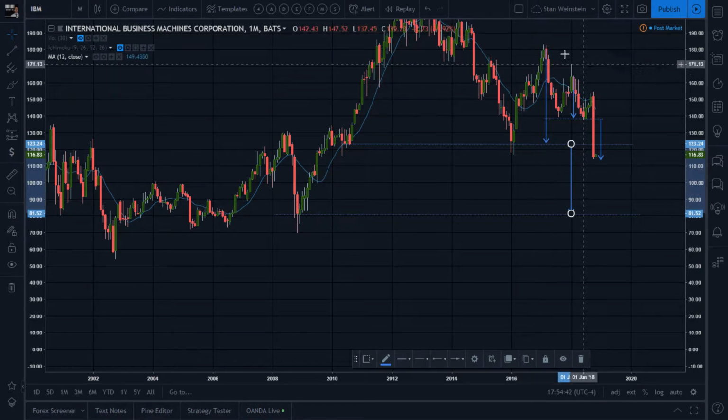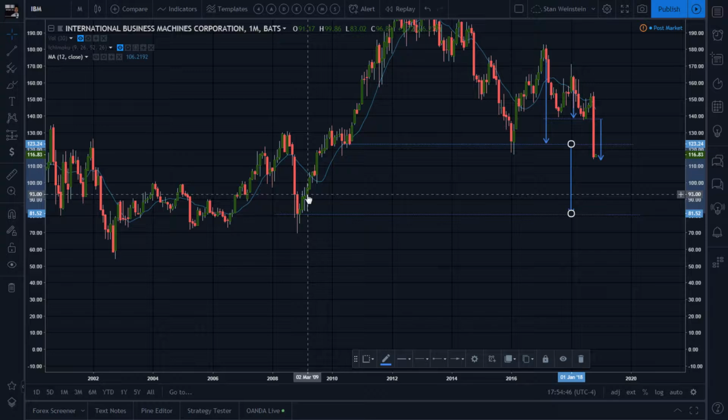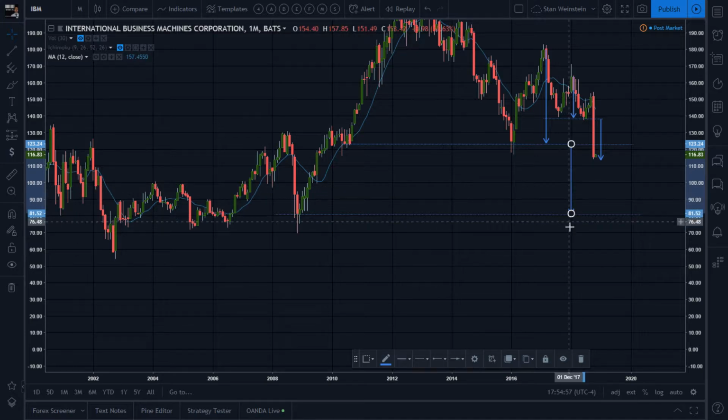I like when I have swing targets that stop right before areas of support. I believe I increase my chances of having a successful trade, hitting my profit limit, getting out before I start getting whipsawed, and maybe price action sinking through all that support and reaching my target, which was implied by the move.